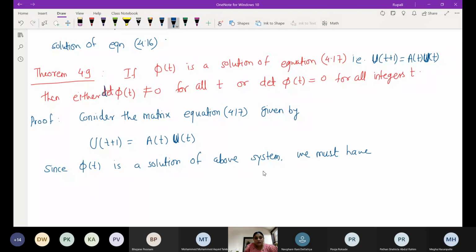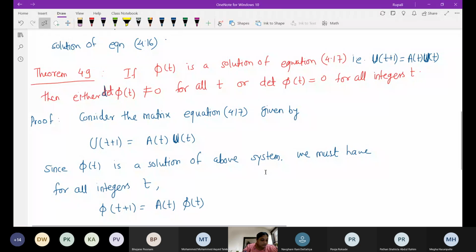If Phi of t is a solution, it will satisfy this equation. When we say that something is a solution of that system, it means it satisfies it. So for all integers t, we must have Phi of t plus 1 equal to A of t Phi of t.